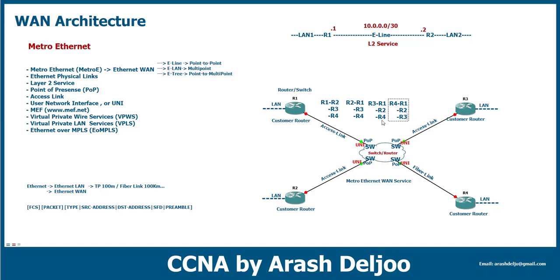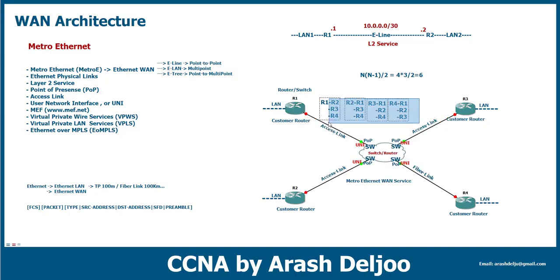And if you calculate, you can use this formula for calculating the number of links that you need: n times (n minus 1), divided by 2. The n is the number of routers, the site number, 4, times 3, divided by 2, so 6 connections we need. And also we need to install 3 links in each router.